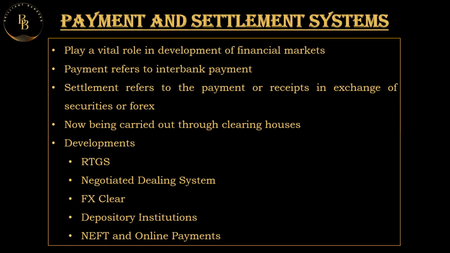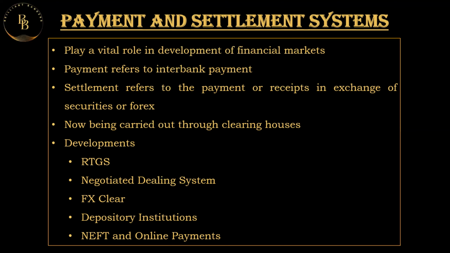The RTGS is typically used for high value transactions, minimum of rupees 2 lakh in amount, wherein the transfer of funds needs to be instantaneous and irrevocable. It is commonly employed for large value interbank transfers and also customer transactions.